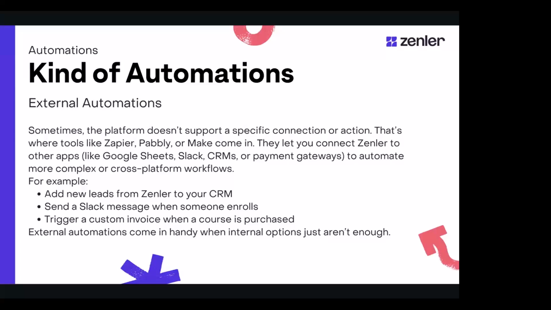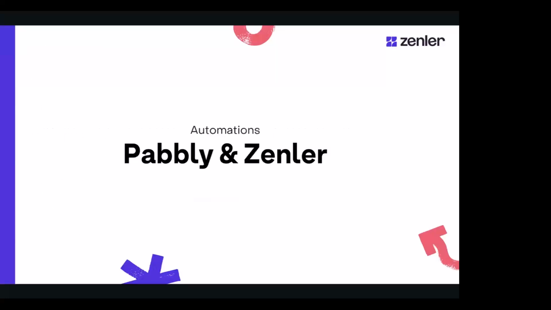That can be done. If you want to send out a custom invoice when somebody purchases your course, that can be done as well if there are any things that you would like to add to that particular invoice. Though Zenler shares an invoice already, if you'd like to do some kind of differentiation there, those are external automations.